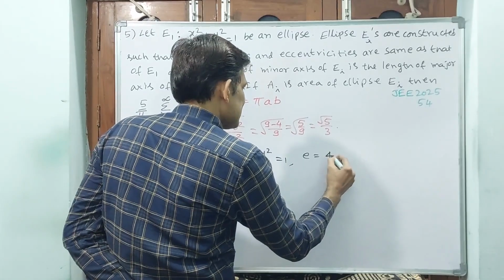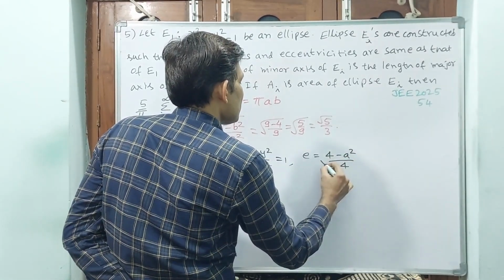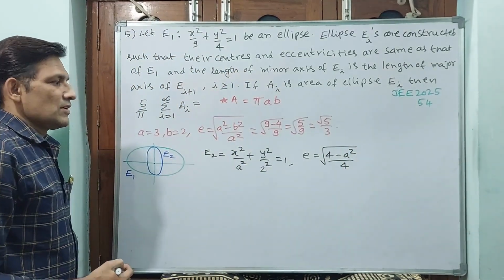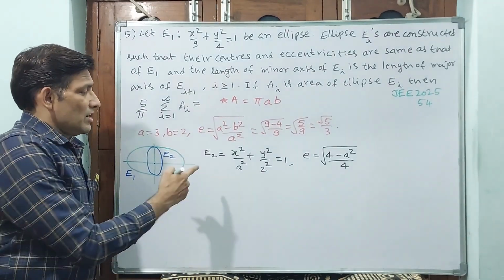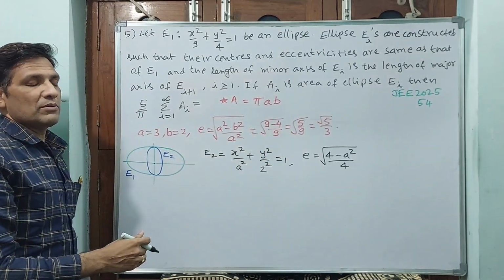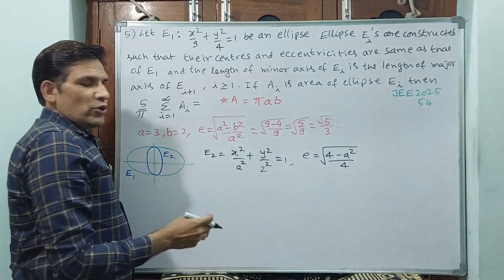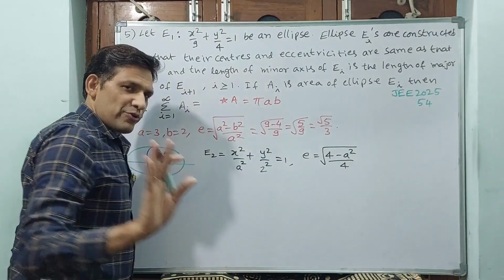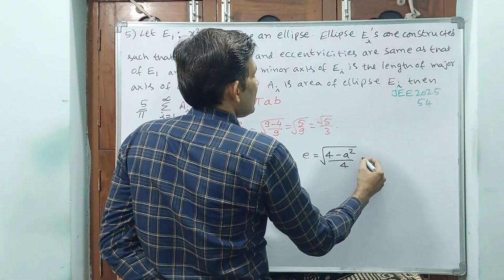Square root of 4 minus a square by 4. You cannot take a square minus b square only. The major axis square minus the minor axis square you have to take, because if you take minor minus major, then a negative will come under the square root, which is not acceptable.